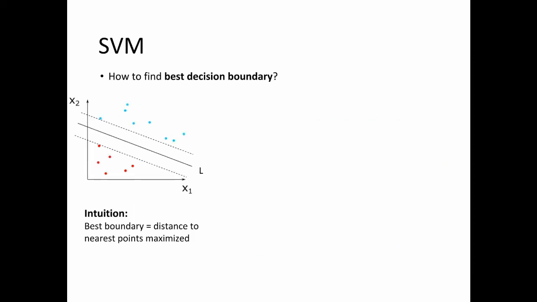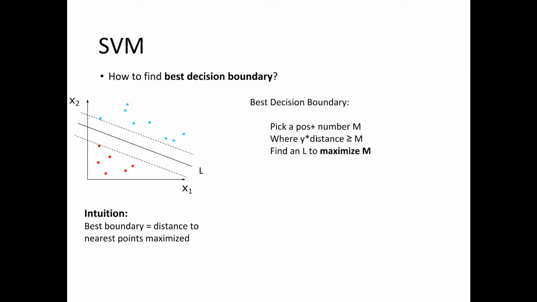So with all the preparation, we can finally convert our intuition of SVM into a mathematical one. Our intuition about the SVM is that the best decision boundary is the one that maximizes the distance to its nearest points. This can be converted into three statements. First of all, we pick a positive number m, where all the points' distance multiplied by their y is larger than or equal to m.